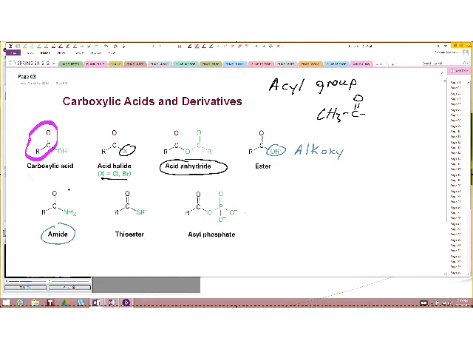Then we have the amide, in which the acyl group is attached to a nitrogen atom, and that nitrogen atom could be attached to two hydrogen atoms or two additional carbon atoms. We call this type of compound an amide. Some people pronounce it differently, so that would be your choice. And then we have the thioester, the sulfur analog.